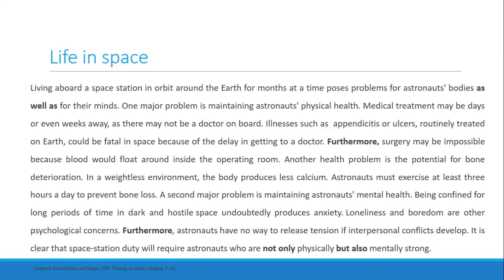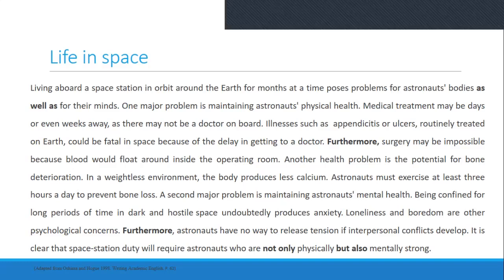What order do you think the writer has used? Is it chronological order, or is it the logical division of ideas? Yes? Who would like to try?